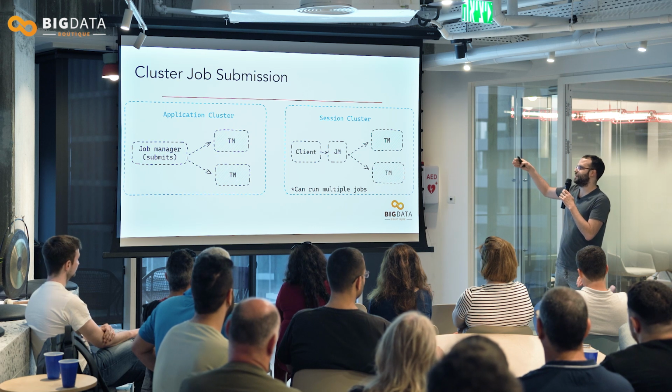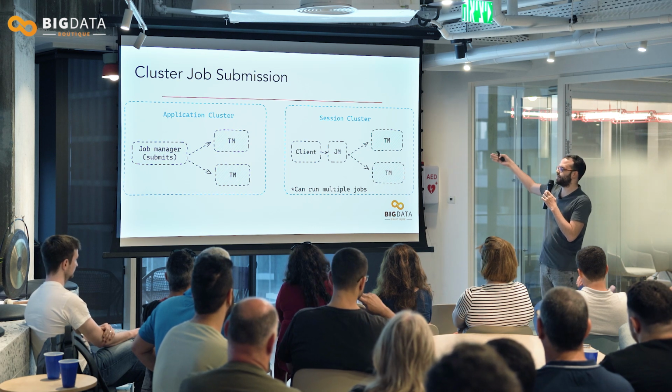We can have the job manager run a single job, but have many task managers. And this is how we can manage resources in a slightly easier way. It can also run multiple jobs, especially if we have short, batchy, or low scale jobs, or we're serving multiple tenants. Either way, in this case, we can have a session cluster.